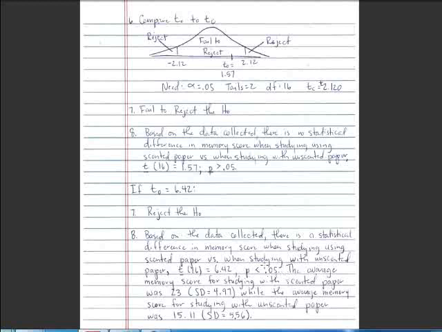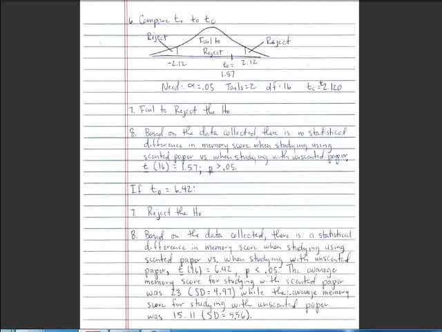Once we make that decision, particularly when you do find statistical significance, it's typical to actually identify the nature of the difference. So the next sentence is: the average memory score for studying with scented paper was 23, SD = 4.97, and I believe I recall correctly, these are the actual numbers for the scented group.